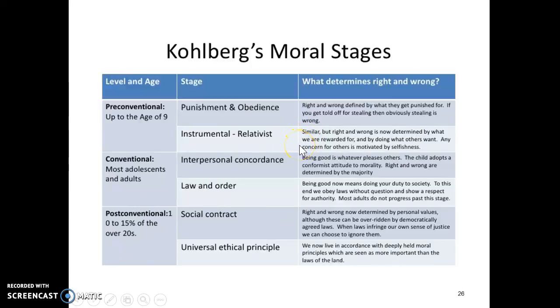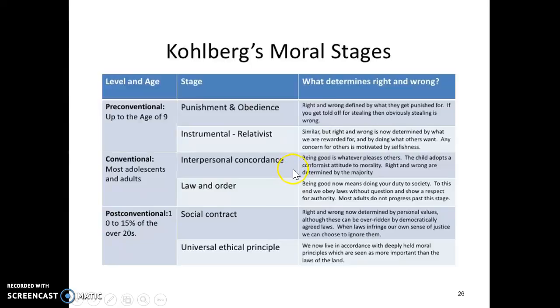So now they're able to think a little more deeply and decide that they want to do what's right because then they get rewards. So it's still kind of self-centered, but it's a little deeper understanding. Rather than just certain things being right and wrong because of the consequences, they're actually making choices based on them now.